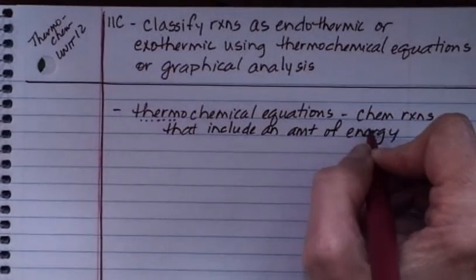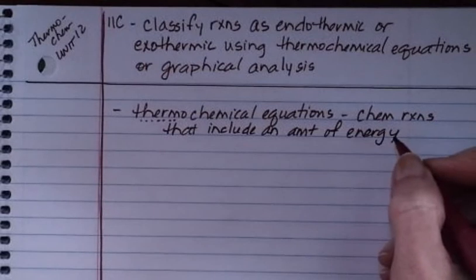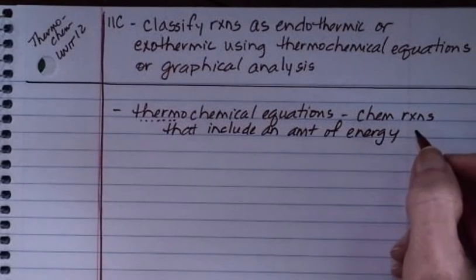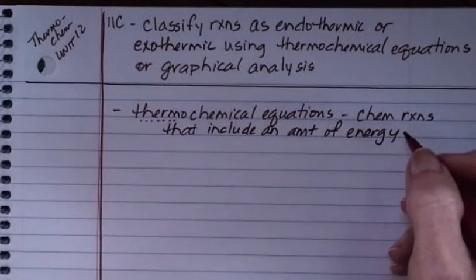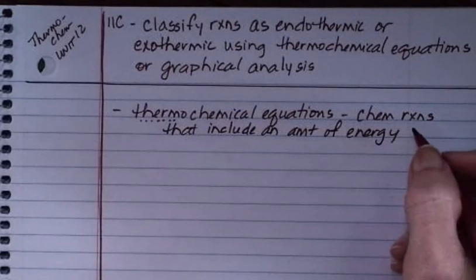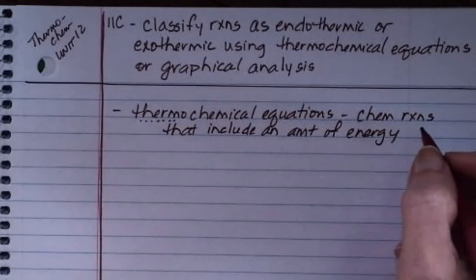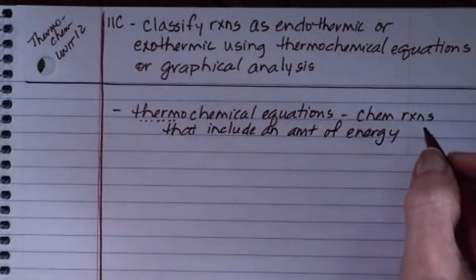So you won't have just H2 plus O2 produces H2O. You're going to have H2 plus O2 produces or yields H2O plus 332 kilojoules or joules or something along those lines. So it will incorporate an amount of energy with it. And remember, energy is measured in joules.